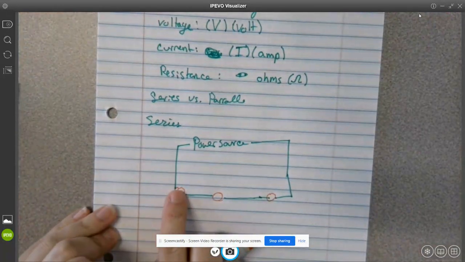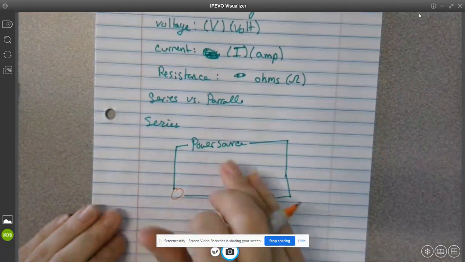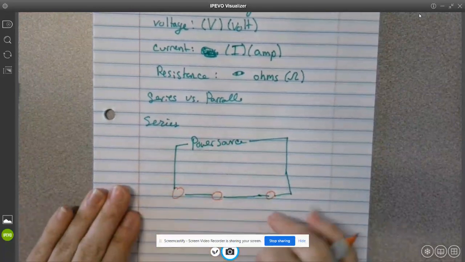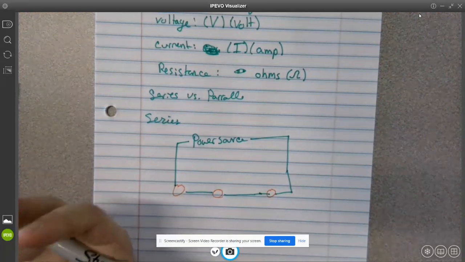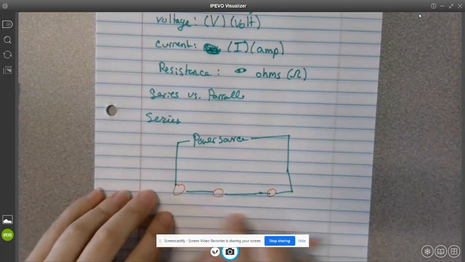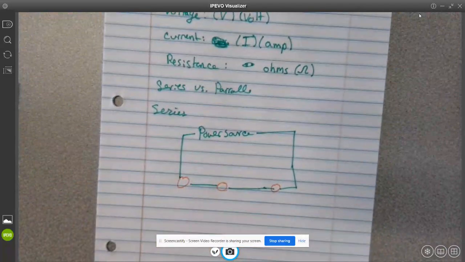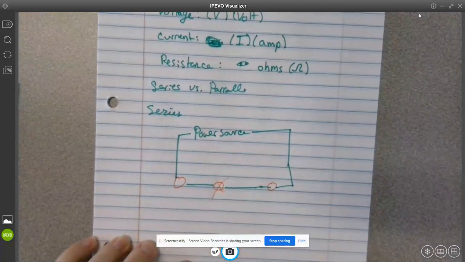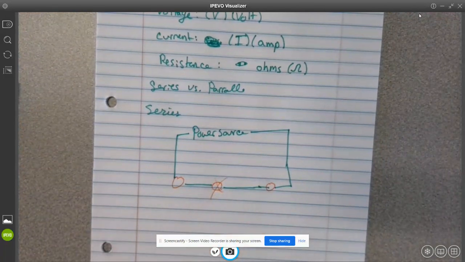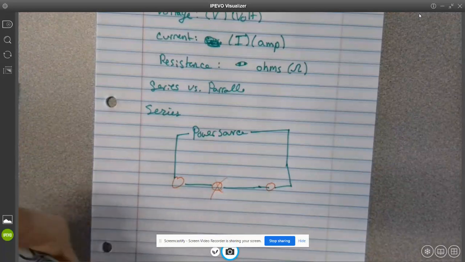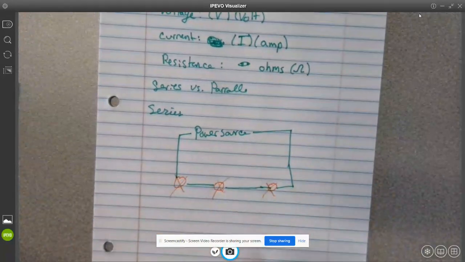All of these lights are working in tandem together. Let's say the power source is good and all three lights are good, then all three lights would light up. Now, the thing with series is if one of these lights doesn't work, whether it be the last one, the middle one, whatever, that creates an opening, which means your circuit is open, which in turn means that all lights will not work.